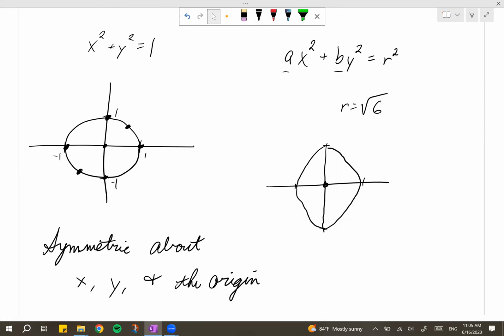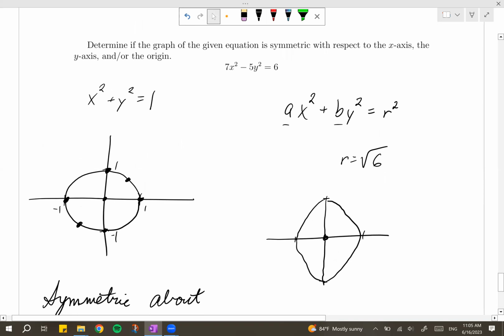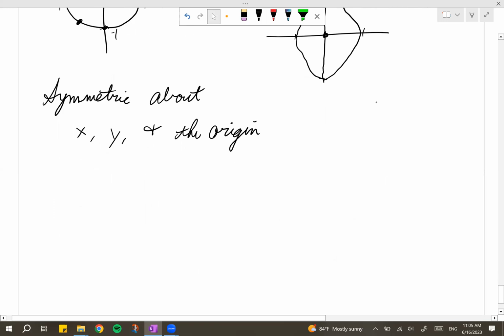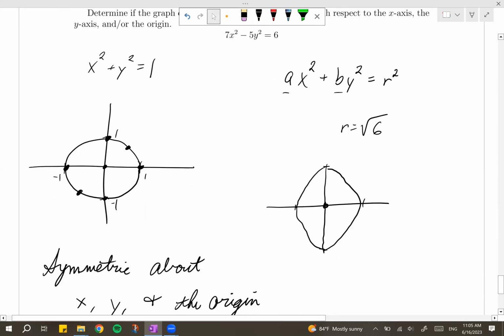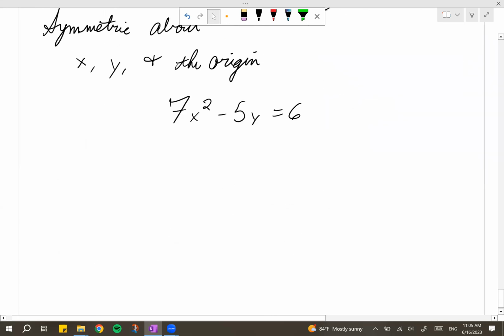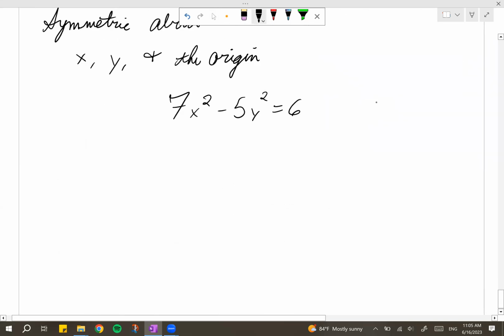And if you want to plug this in Desmos, you can. You might have to solve for y and do plus or minus square root of stuff. So like if you had 7x squared minus 5y squared equals 6. I think that was our given function. To solve for y, I would subtract 7x squared from both sides.